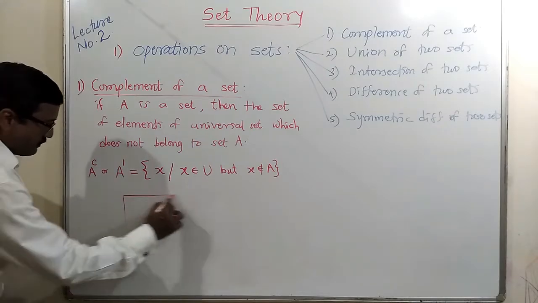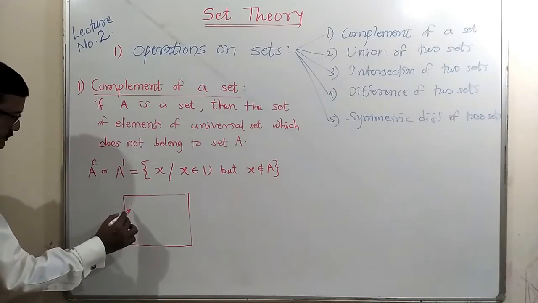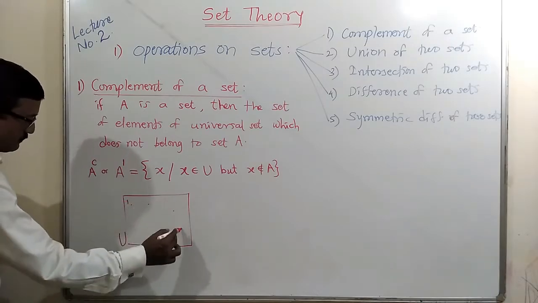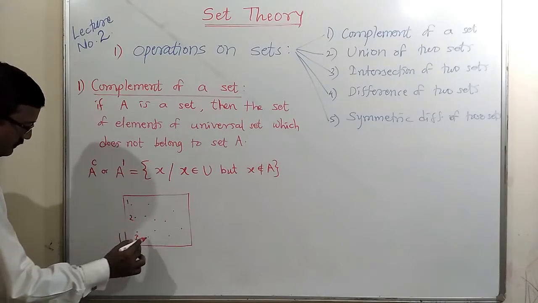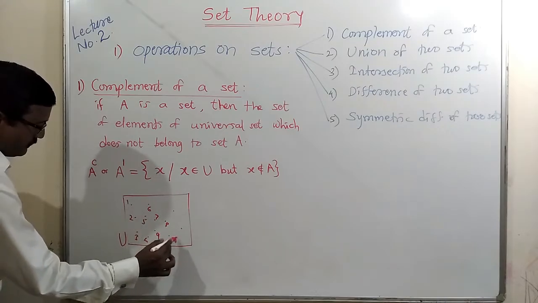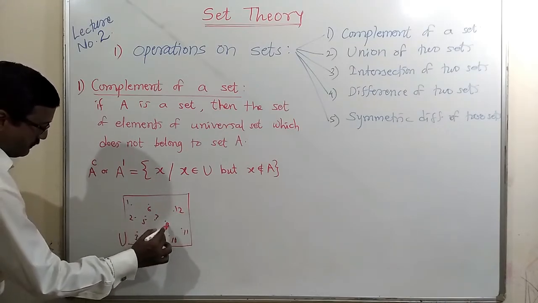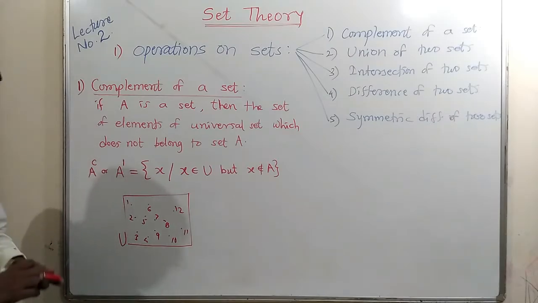Suppose this is universal set U, which contains 1, 2, 3, 4, 5, 6, 7, 8, 9, 10, 11, 12. These are the elements in the universal set.